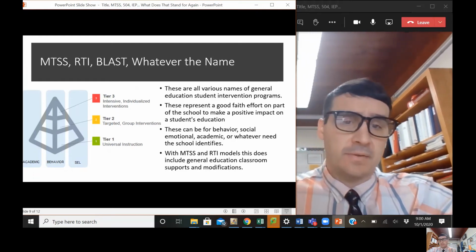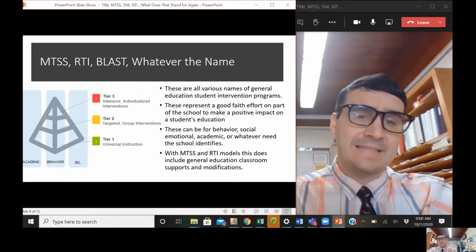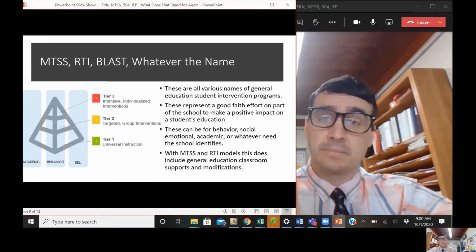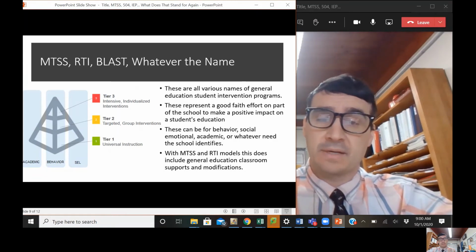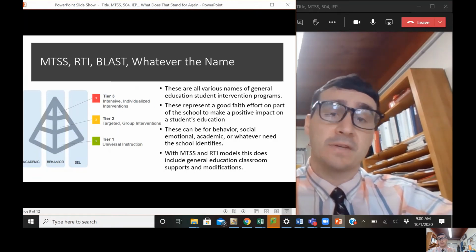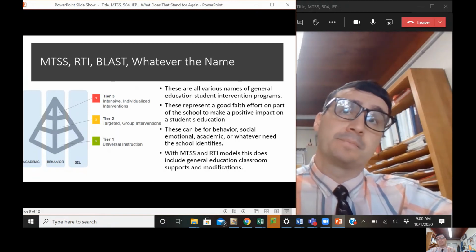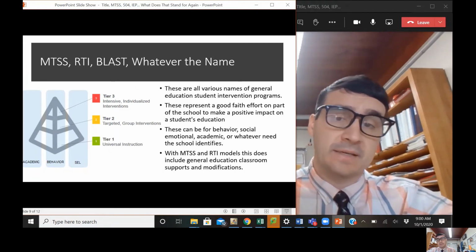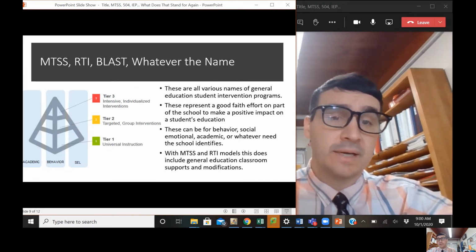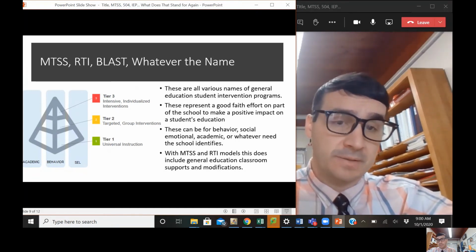Now, the primary place these interventions are occurring is in the classroom. A lot of times teachers don't realize that, particularly on that Tier 1. So if they're moving students in front of the classroom, providing visual and verbal prompts and different things, there's a lot of stuff they do within the classroom that is considered a general education accommodation.